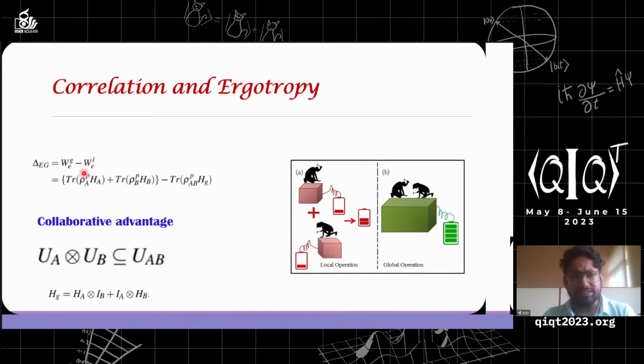That is the main point: this ergotropic gap is increasing, and this quantity we will call the collaborative advantage, or sometimes the ergotropic gap. This is the major quantity that will be useful to study the correlations, I mean, to study the entanglement. So this part is quite important.